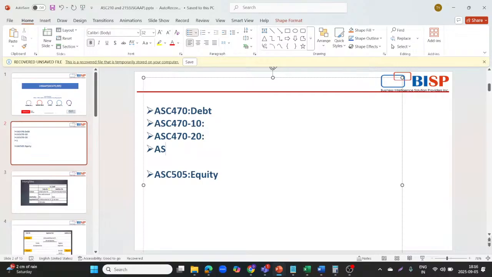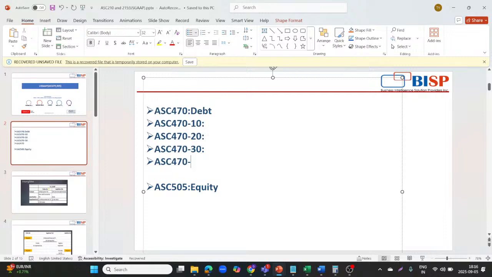Then Accounting Standard Codification 470-30. It tells us about the appreciation in the fair value of the mortgage real estate project, and the result of operations of the mortgage real estate project.